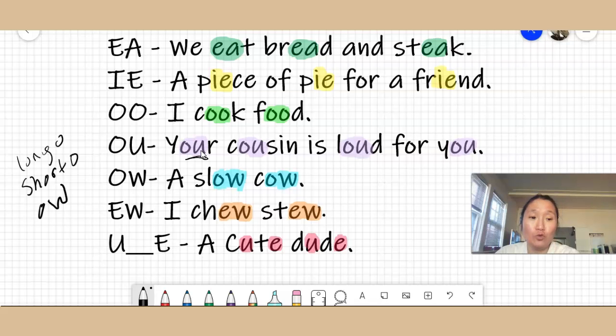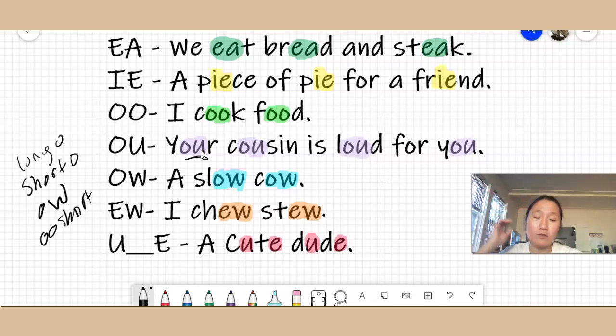And then you, is the short OO sound. Okay, so there are 4 different sounds that OU can make. It can make the long O, short O, the ow, and the oo sound. Okay, your cousin is loud for you.